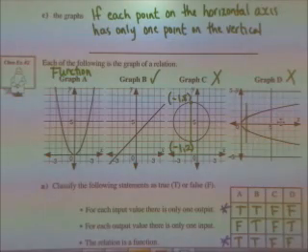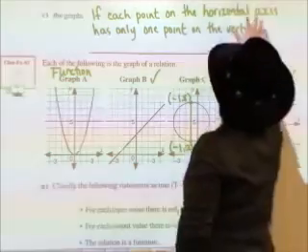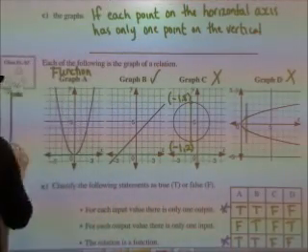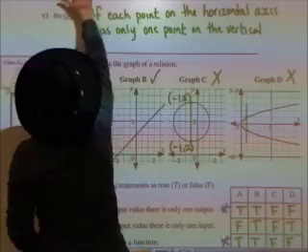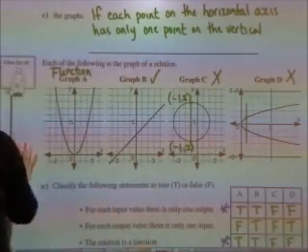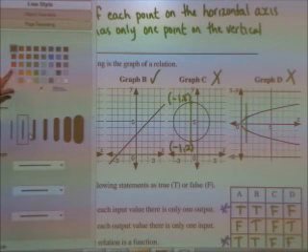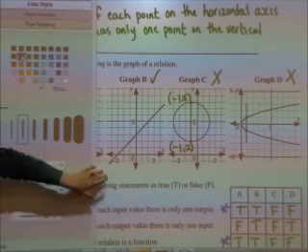If I have a graph and I draw a vertical line, we'll make this nice and orange.